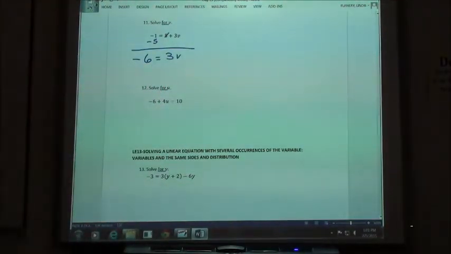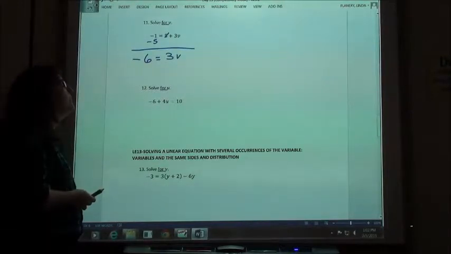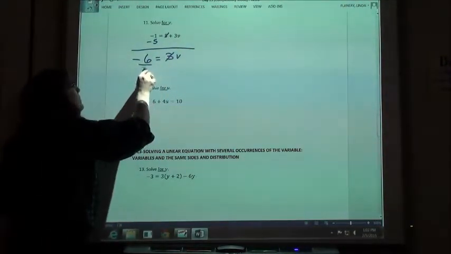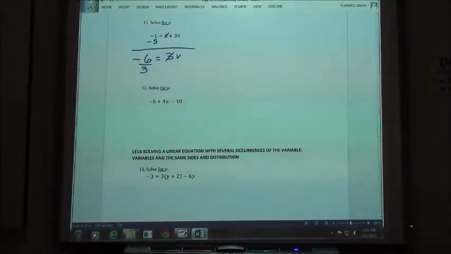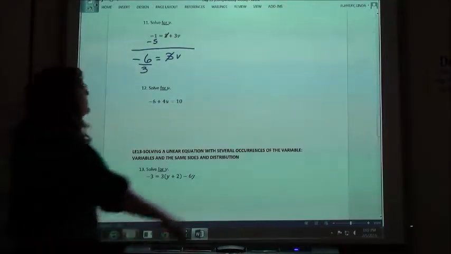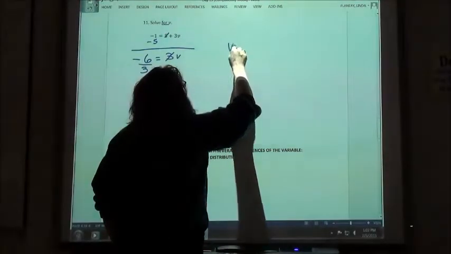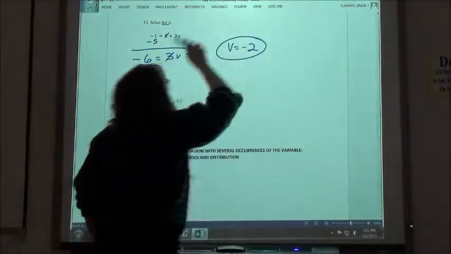Then we're going to divide by that 3, yes. And so v equals negative 2, exactly.